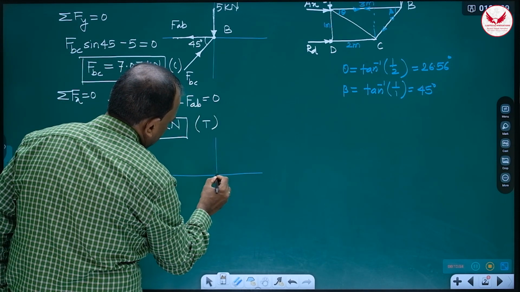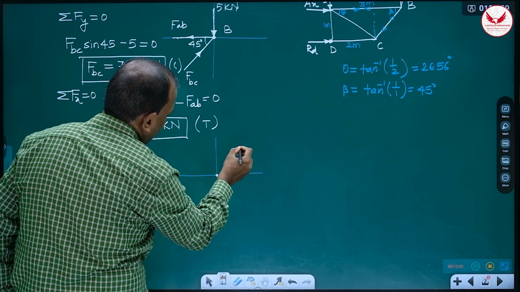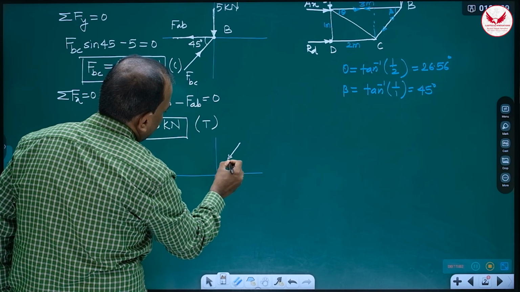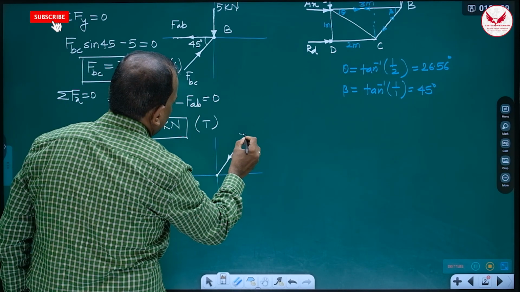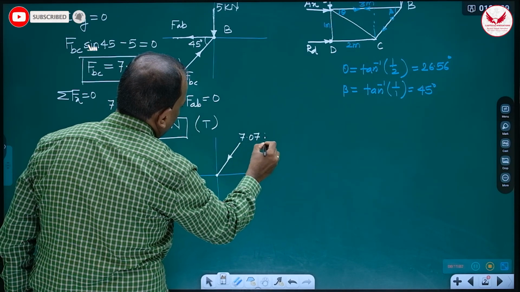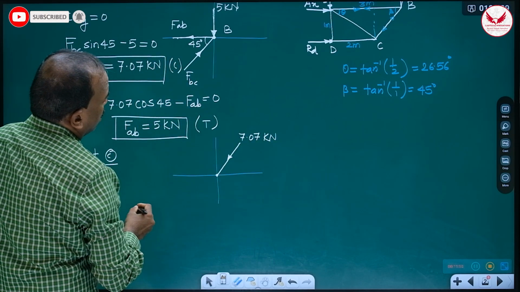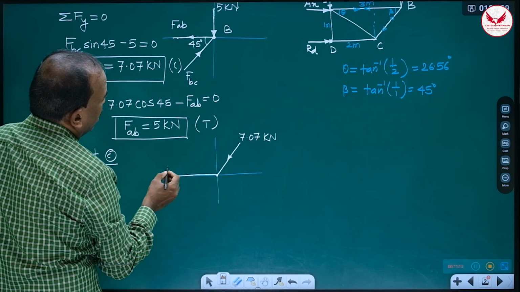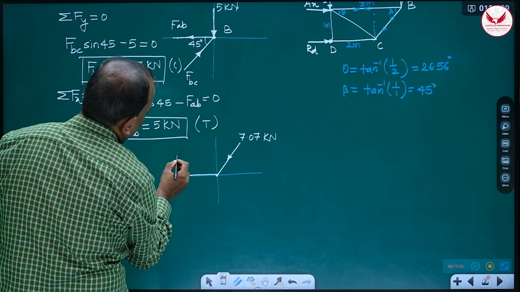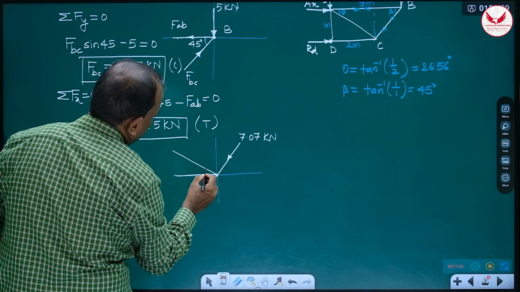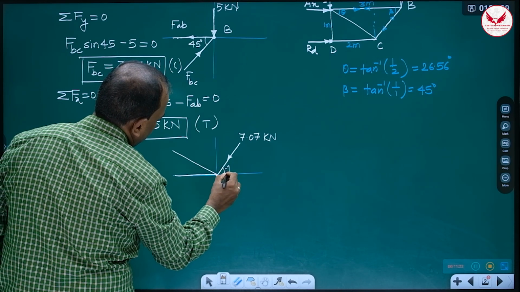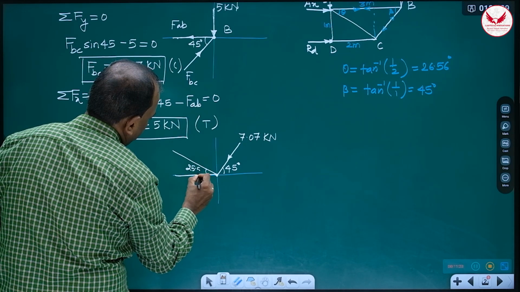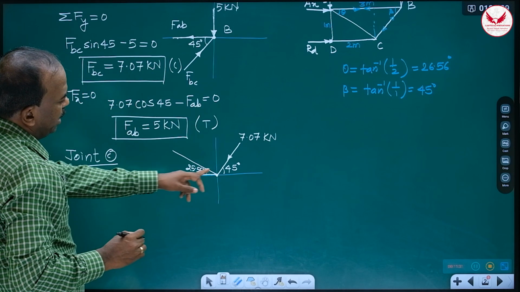At C, this BC member is inclined at 45 degrees and it is compressive, like this. Its value we also know, 7.07 kilonewton. Then one member is horizontal like this, and the third member is making a 26.56 degree angle. The inclined member's angle we must know, it is 45, it is 26.56, and one direction is known.